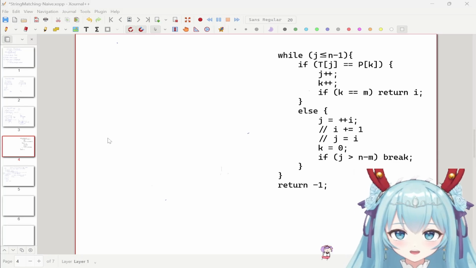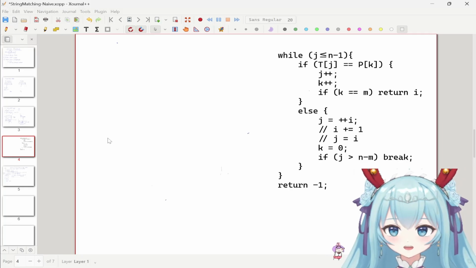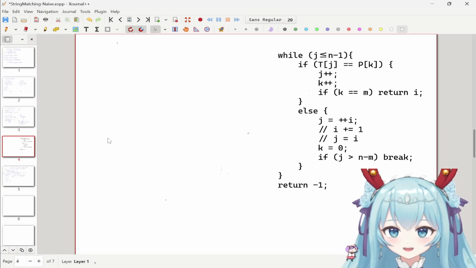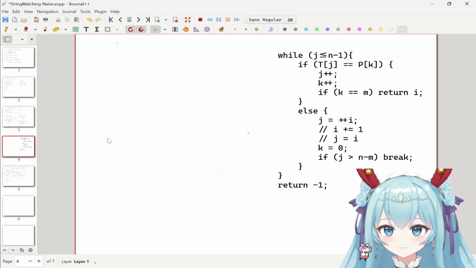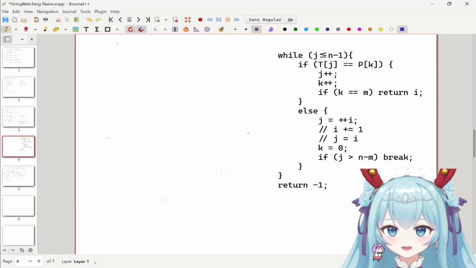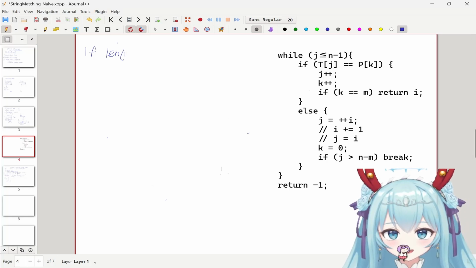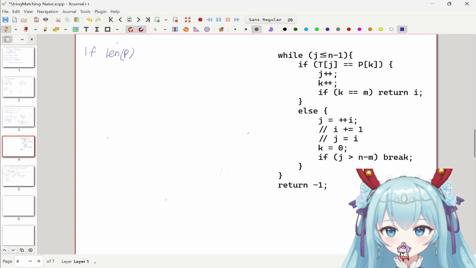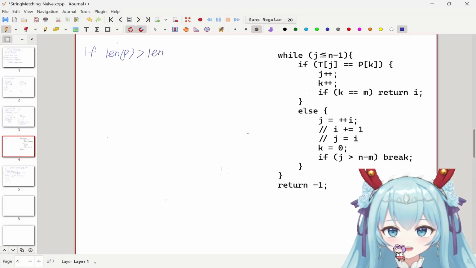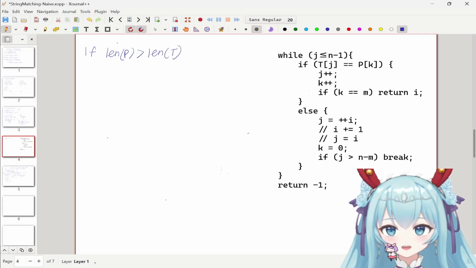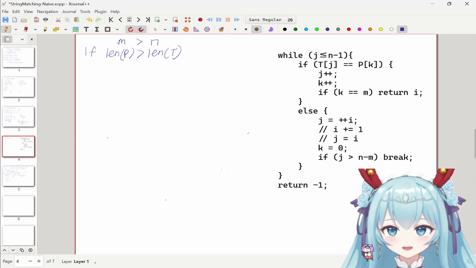Okay, now what happens if, let's say, the length of P is greater than the length of T, in other words, when M is greater than N?